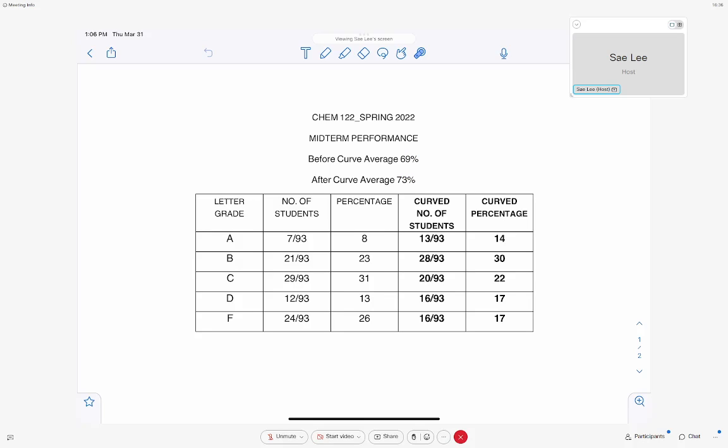Okay, so the class average was in the upper D range before the curve, but now it's in the C range after the curve.